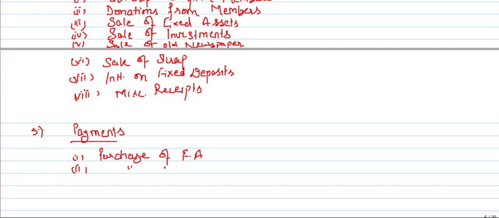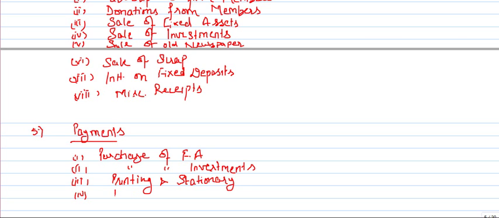Similarly, I can say purchase of investments, right? Then it can be printing and stationery, right?